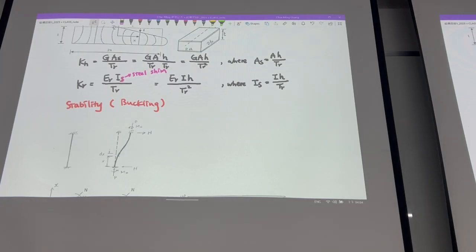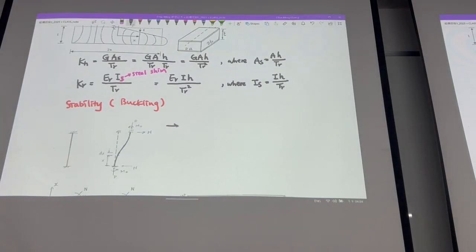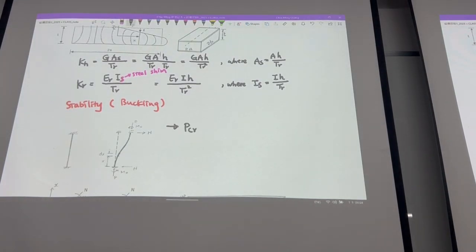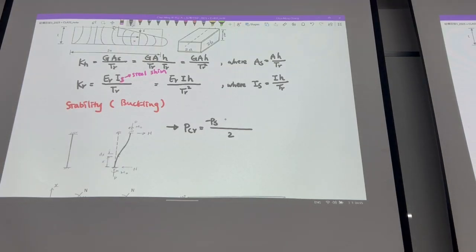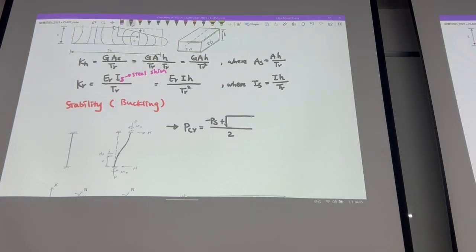So if there is a derivation, your PCR will be this one, PS squared plus 4 PS PE.